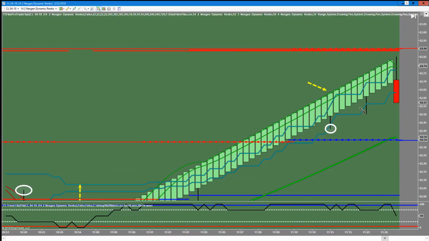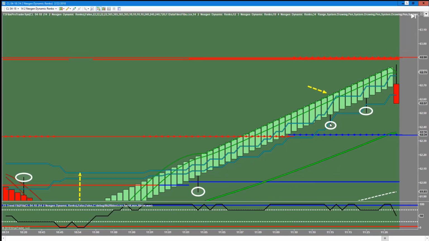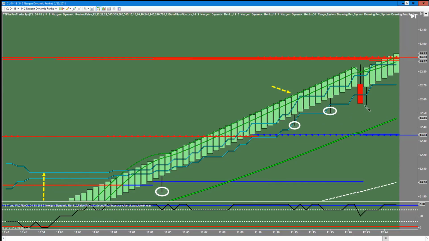And again, we're going to look for yet again another trend trade long. So again, just to keep it in perspective, 20 ticks, 20 ticks, 20 ticks, maybe 20 ticks here, and then we reach multiple time frame fibs. And again, when we reach multiple time frame fibs, we just stop trading.